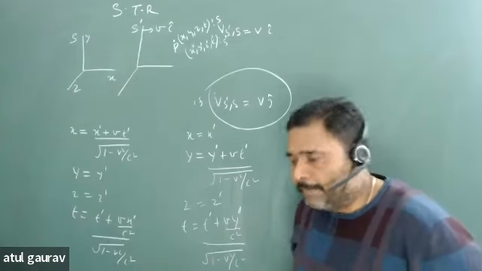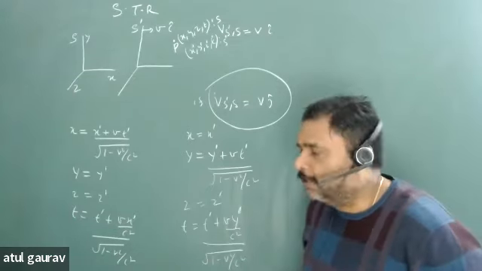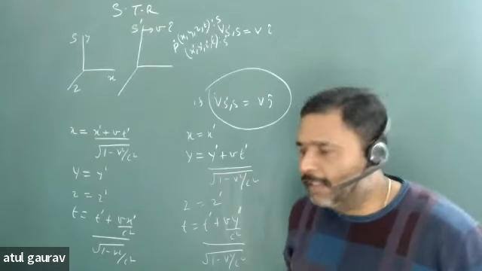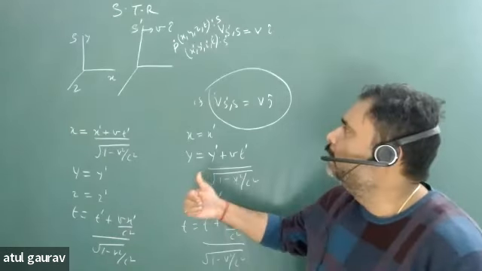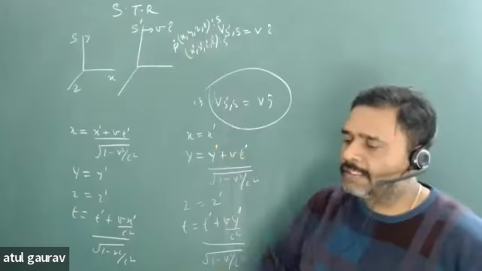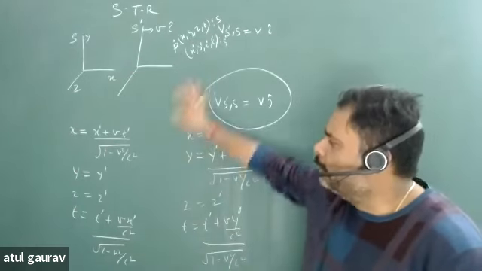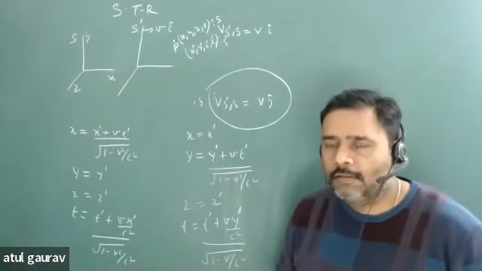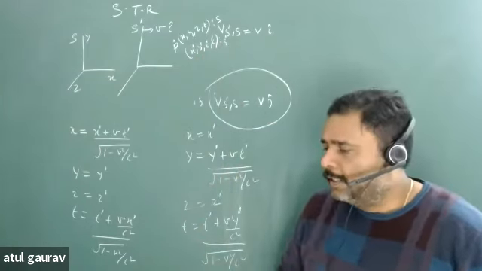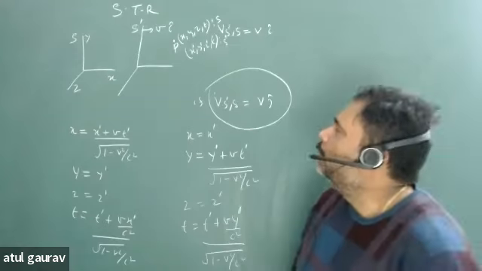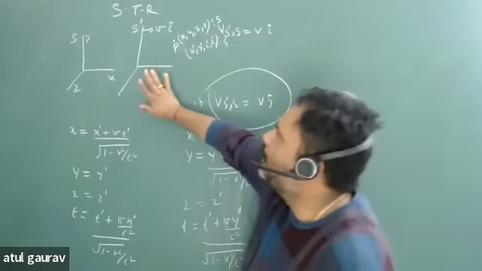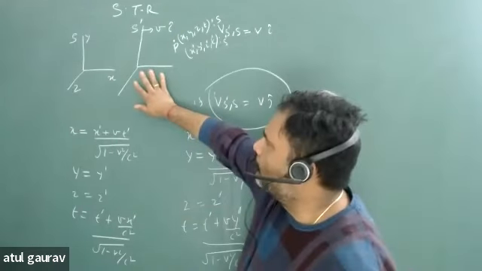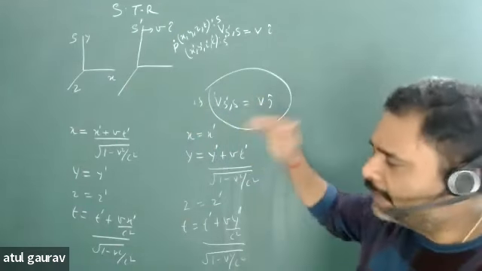So you have to be very conscious when you are solving an STR problem, and you have to see in which direction S dash is moving with respect to S. Don't worry, we will solve each and every problem with the help of the inverse Lorentz transformation. Right now I am sticking to this particular formulation where S dash is moves in the X direction.